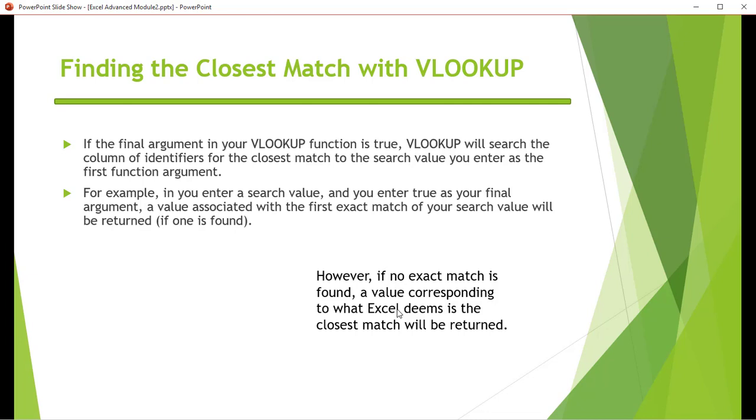For example, if you enter true as your final argument, a value associated with the first exact match of your search value will be returned, if one is found. However, if no exact match is found, a value corresponding to what Excel deems to be the closest match will be returned.